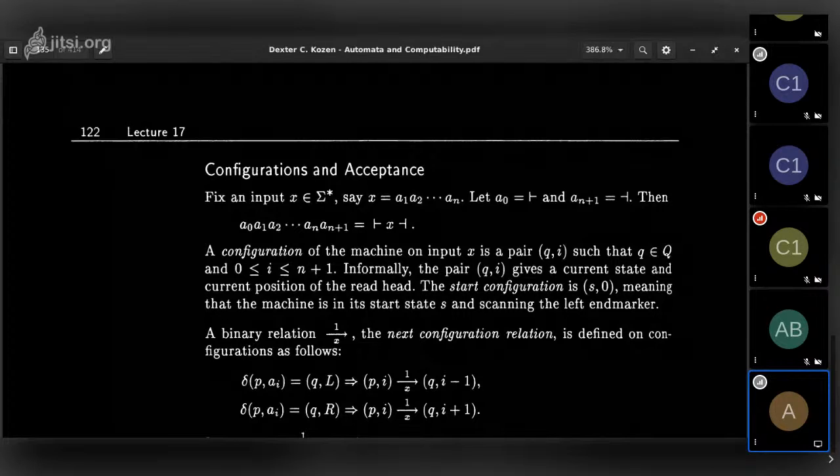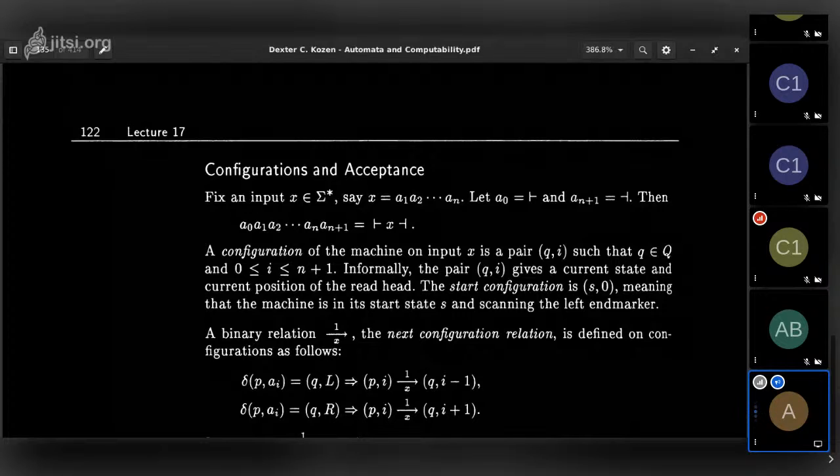Sir, the presentation is not visible on Jitsi Meet. Wait. Jitsi people say the presentation is not visible.